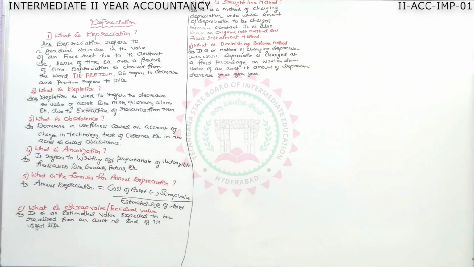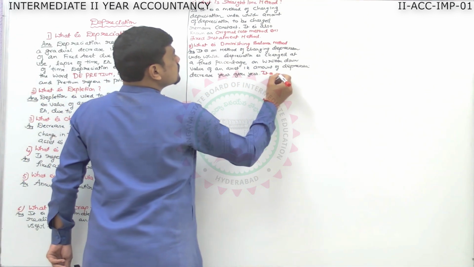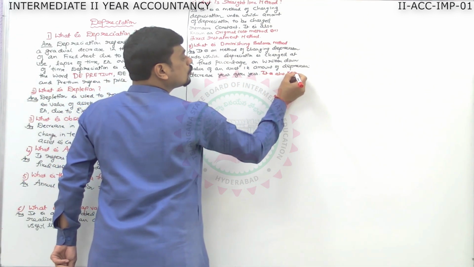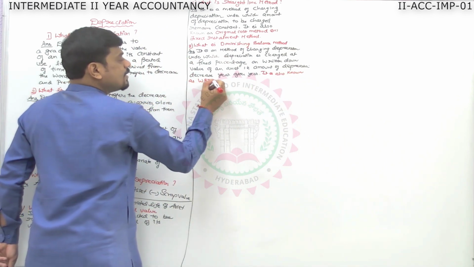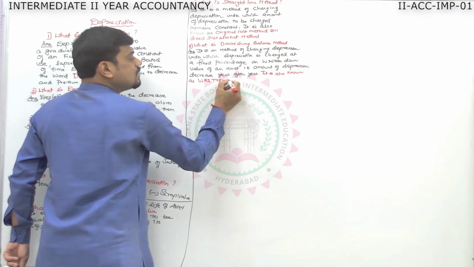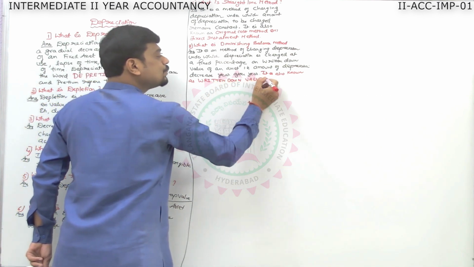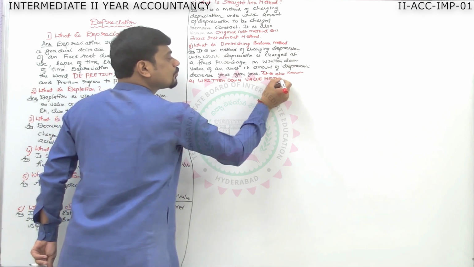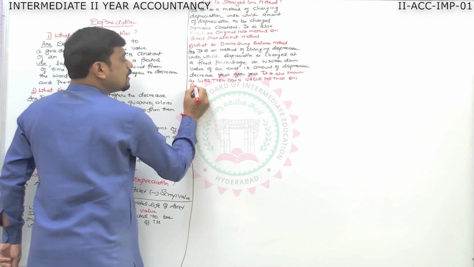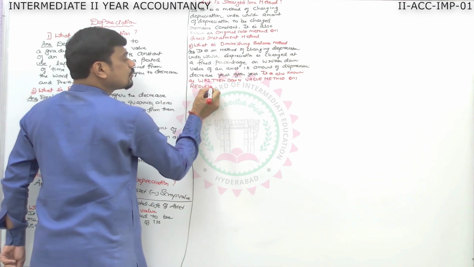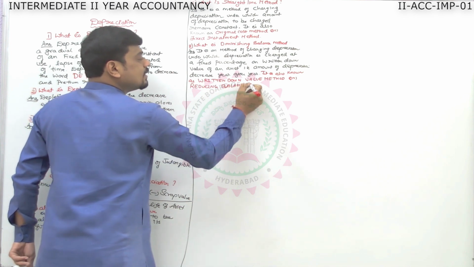Then what is the other name of this method? We'll write, it is also known as, what is the name? The other name is written down value method, or the other name is reducing balance method.